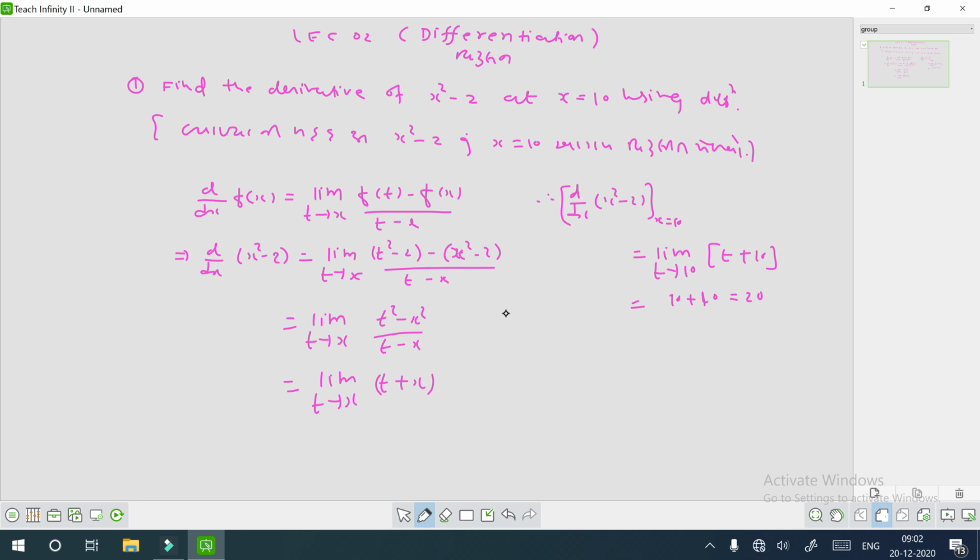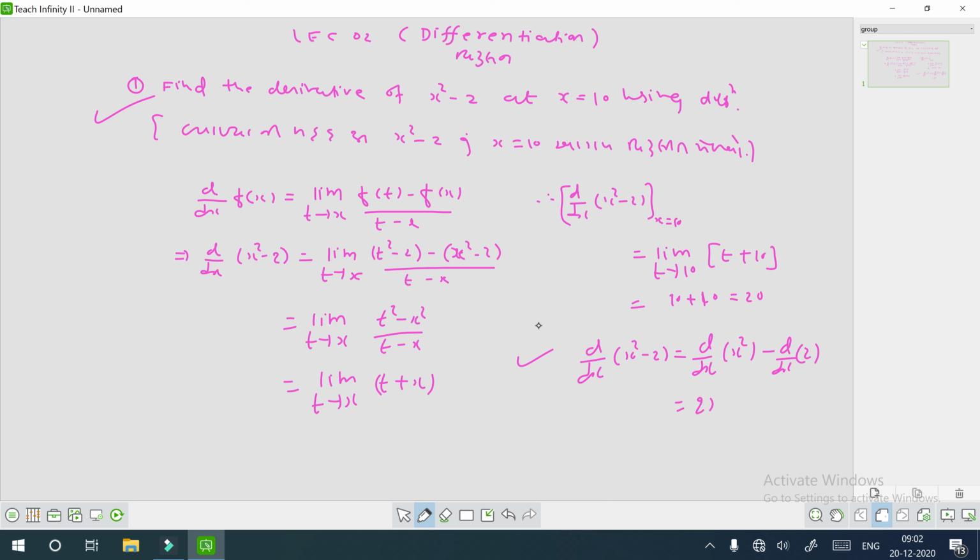Yes, that is equal to 20. Now see, the second method, if they are not going to ask in that way, but this one is by first principle, and the next one is by formula. d by dx of x square minus 2. So we can separate it, d by dx of x square minus d by dx of 2.